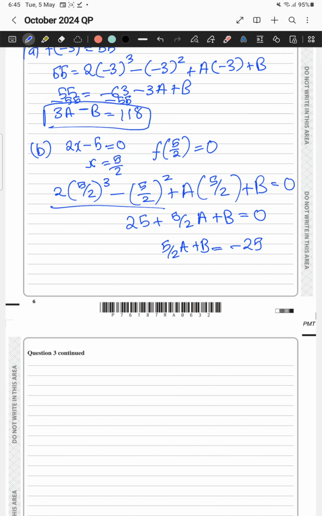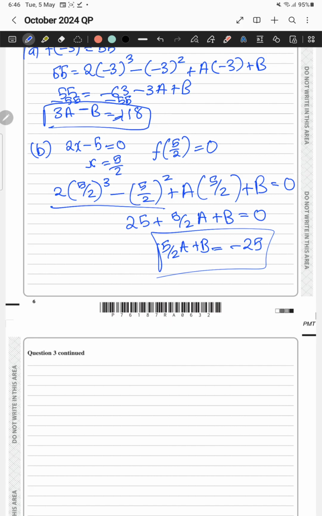Now you have to solve them simultaneously. You can do either by substitution, okay, or by elimination. It's up to you. I'm not going to waste any time on this. All right, I'm just going to put this into my calculator.